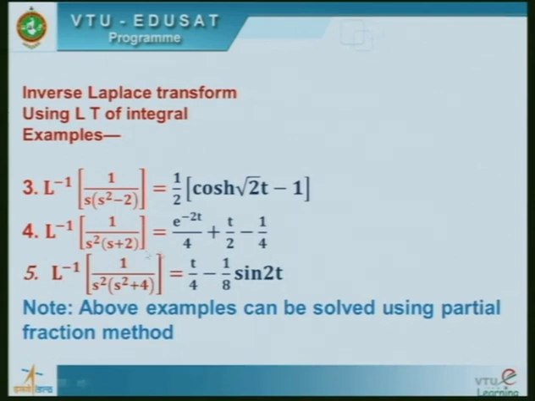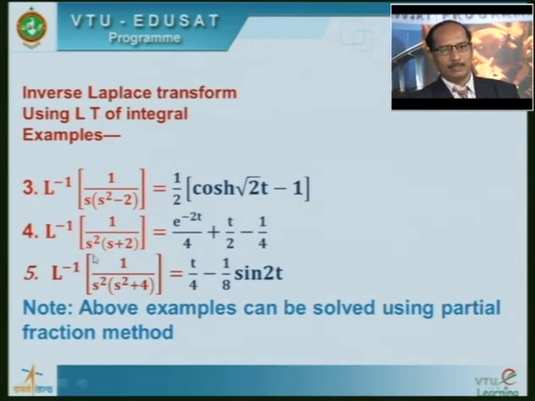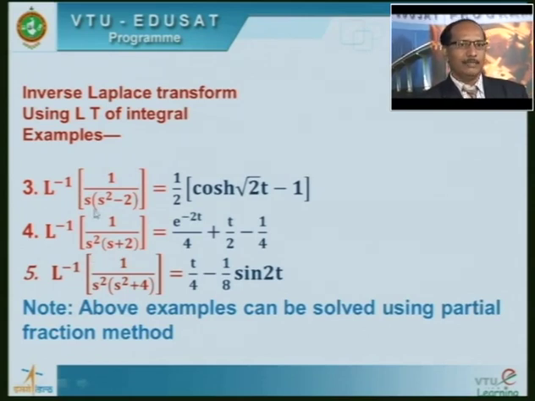Then you consider that as f of t, and then f of s is equal to another problem, 1 upon s plus 2 divided by s. You apply the formula 2 times because of s square, these two examples 4 and 5 because of s square. Otherwise, you can always refer to the partial fraction method.